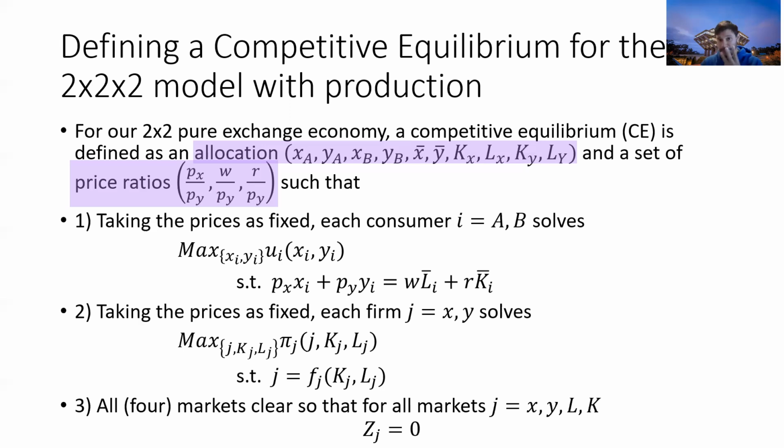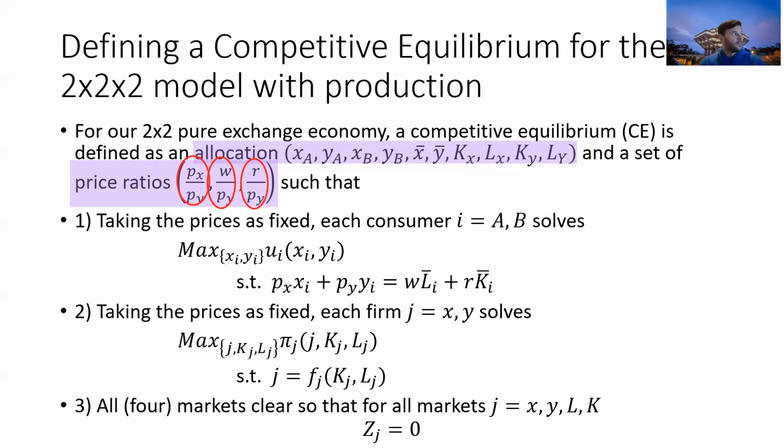Yeah, three of them. Right, there's three prices that we have to solve for here, three price ratios. So you're going to have three excess demands that you set equal to zero to give you a system of three equations with those three unknowns.